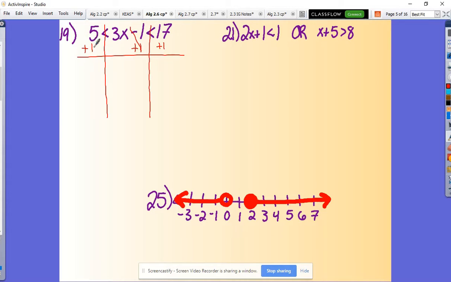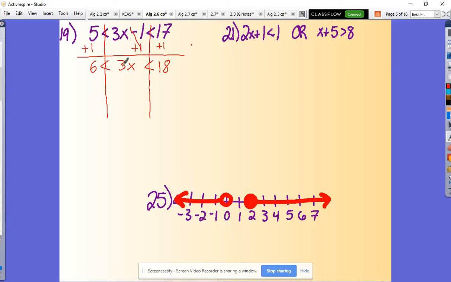So over here on this side, we're going to have 6. We're going to have the same exact symbol. In the middle, we're left with 3 times x. Bring this same exact symbol down. And we have 18 over here on this side. All right, so that's what we got so far.